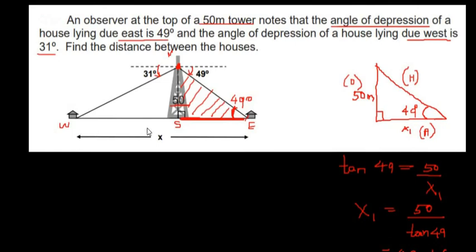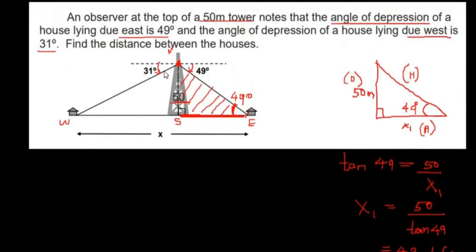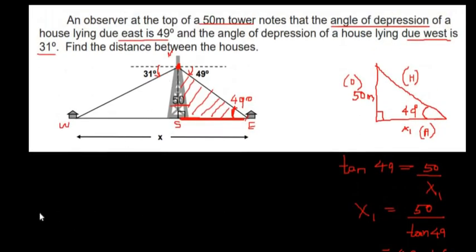In a similar way, to solve this triangle, let me break it apart and draw it over here. It looks like this, and this is the height of the tower, which is 50, and let me take the distance between the south and the house on the west as x2.